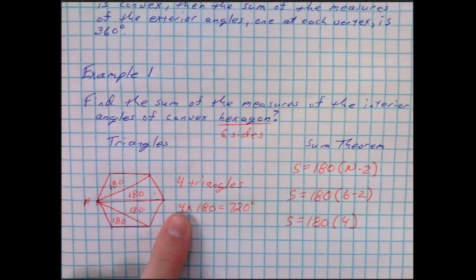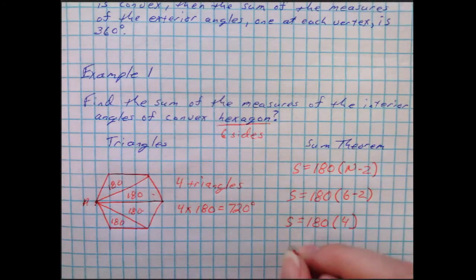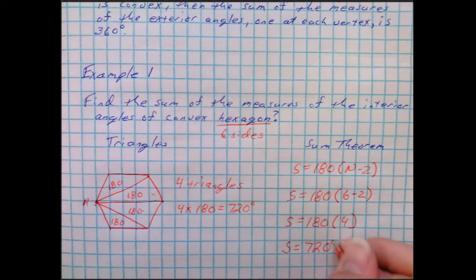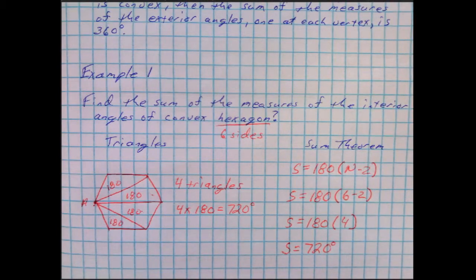That's the number of triangles that we had, that 4. So we're essentially doing exactly the same thing. So we get S equals 720 degrees. Okay, so that's where that sum theorem actually comes from, is building those triangles and using that interior sum theorem that we had for triangles earlier this year.